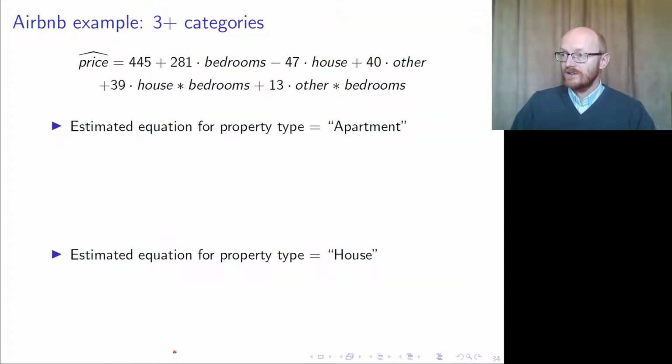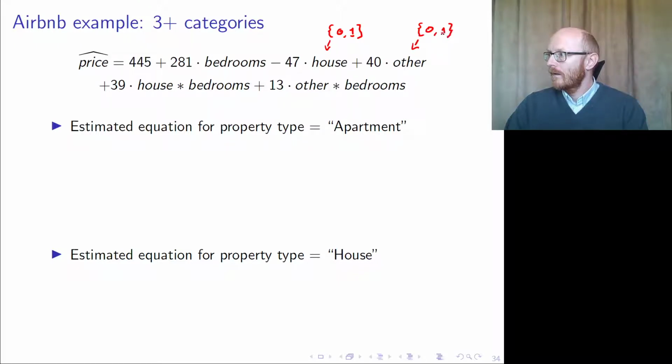Okay, so how do you interpret these? Well, what you can do is that you have the dummy variables either 0 or 1, right? Okay, so what is the estimated equation for property type apartment?